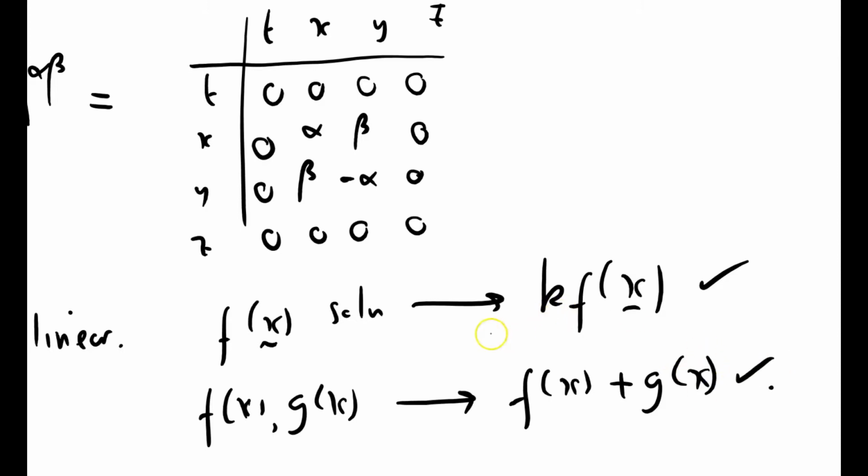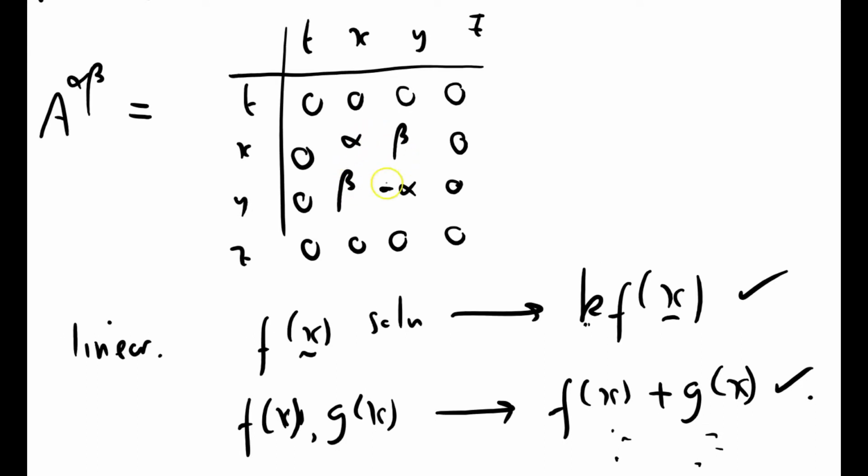So we can multiply by a scalar, and we can add two distinct solutions to get another solution. And we've got two solutions built into this system here. And of course what I'm going to do is consider alpha equals 1, beta equals 0 as one case, and alpha equals 0 and beta equals 1 as another. So let's have a look at that.